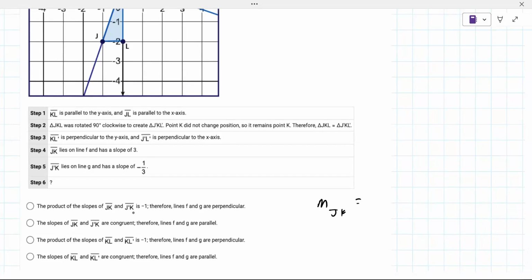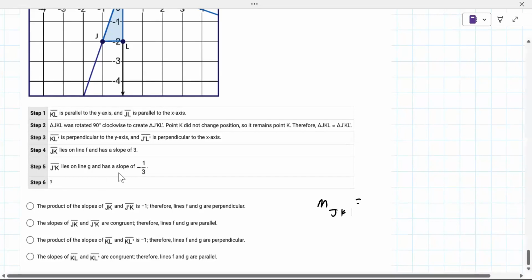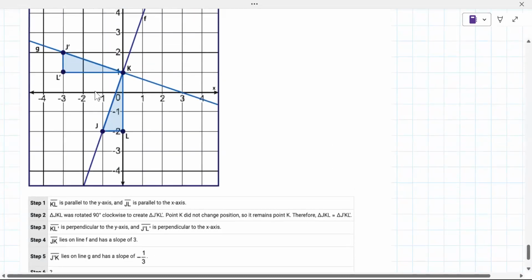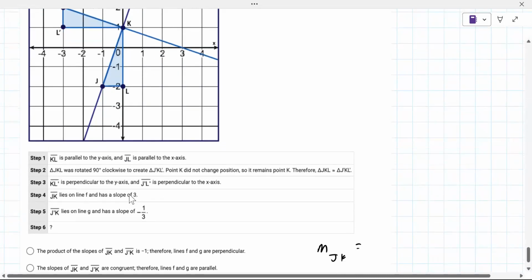Slope of JK. -3/1? Oh, it's in the proof here. -1/3? Nope, JK is 3.